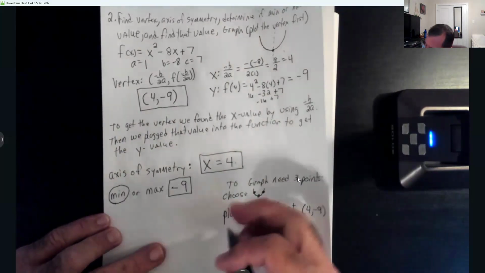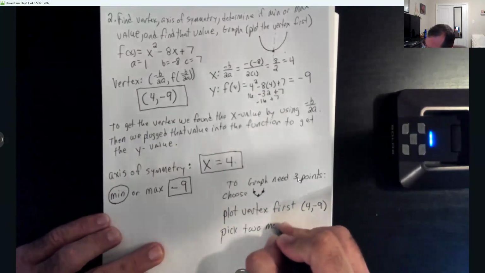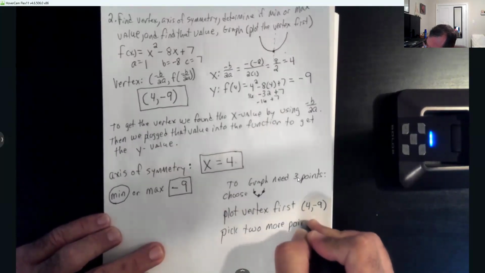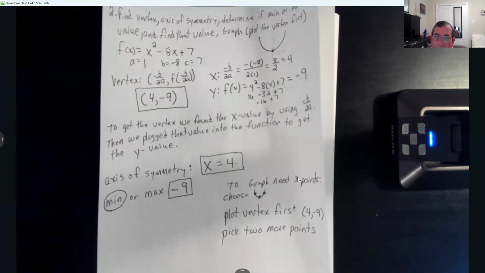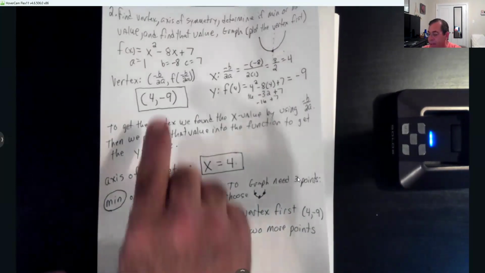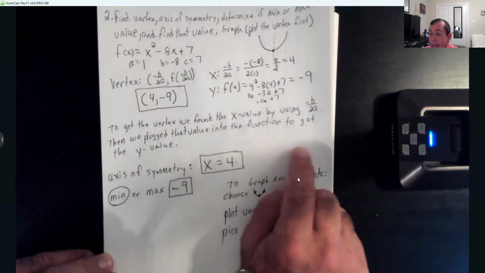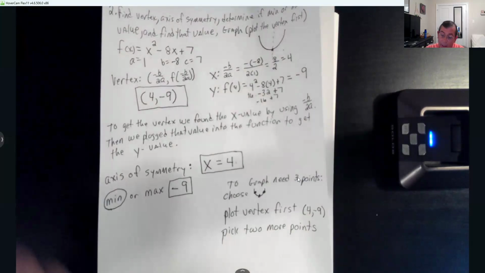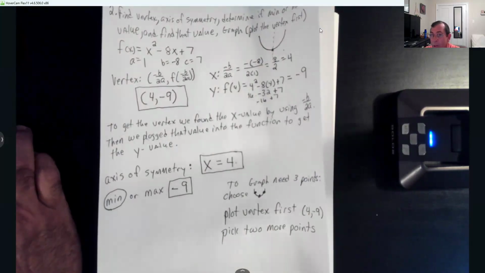Once you plot your vertex, then you can pick 2 more points. Now you can actually solve this by setting it equal to 0, and you'll know where it's crossing the x-intercept. If you want to do it that way, you can find those zeros. But y'all, on this one, I'll show you what I would do on my calculator to get my other 2 points, okay? But we do have to plot that 4, -9 first.